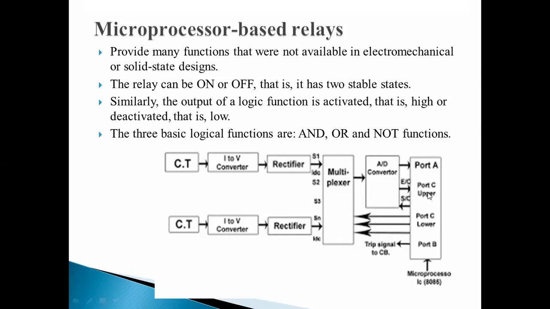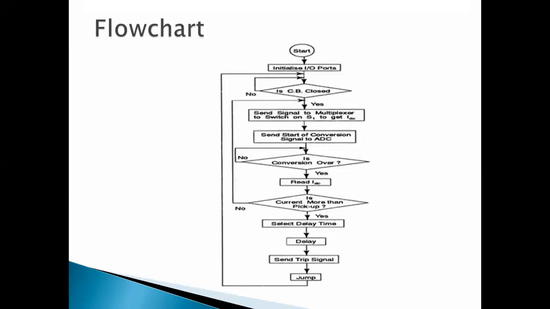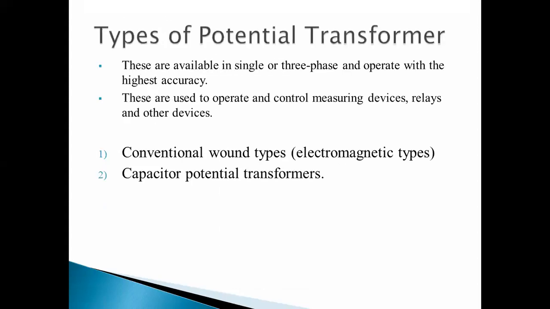All these operations are done in this microprocessor only, and this signal is given to the circuit breaker for the operation. So microprocessor based relay. This is your last point, and this is the flow chart, right?